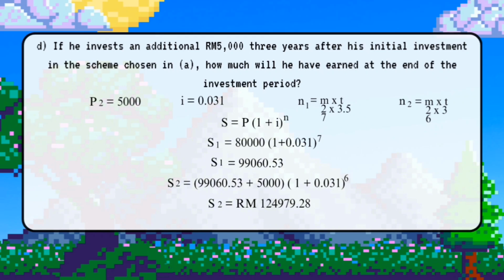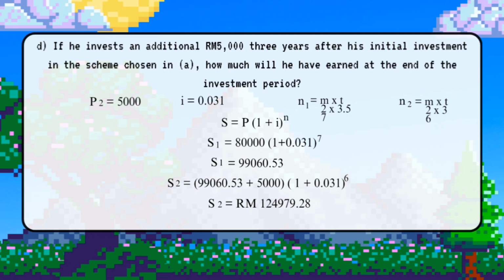So right now we will use the compound interest formula, and then we will substitute the amounts into the formula, and we will get S1 equals 80,000 open bracket 1 plus 0.031 close bracket to the power of 7. And after we calculate it, the amount of S1 is 99,060.53.